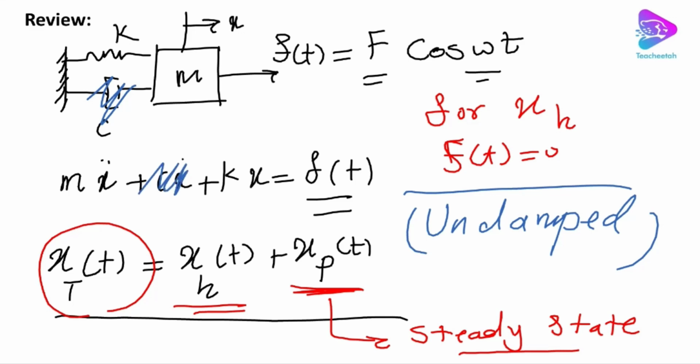So we have only a single degree of freedom system, undamped, with a harmonic excitation on the system. And remember, sometimes the system is more complicated, so we need to find the equivalent stiffness, equivalent damping, and equivalent mass, and then find the solution for the equivalent equation of motion. Right? So let's begin with the first example.